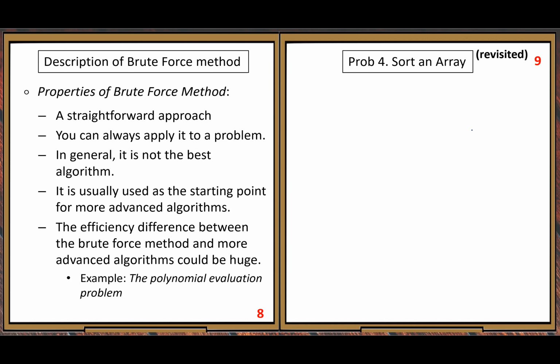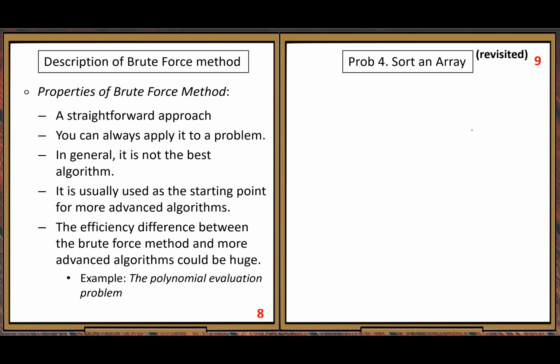Here is our second time to do the sorting, but this time we try to use different properties. So we need to do our observation another time and try to find a different property. When we use a different property, we can find a different algorithm.